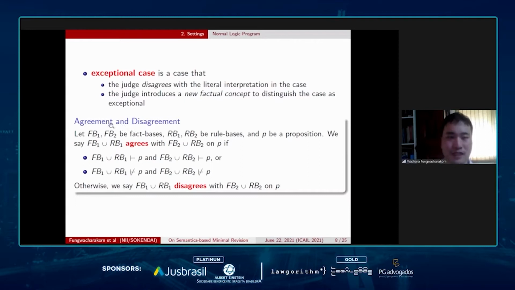We formalize agree and disagree as follows: FB1 union RB1 agrees with FB2 union RB2 on some proposition P if they derive P in the same manner, or they do not derive P in the same manner. Otherwise, we say that FB1 union RB1 disagrees with FB2 union RB2 on P.